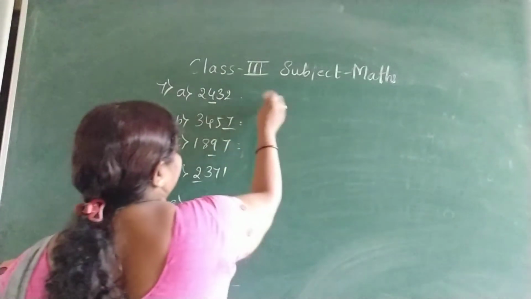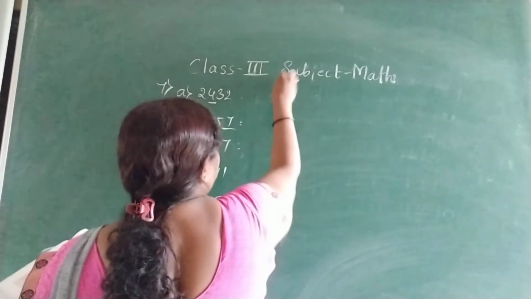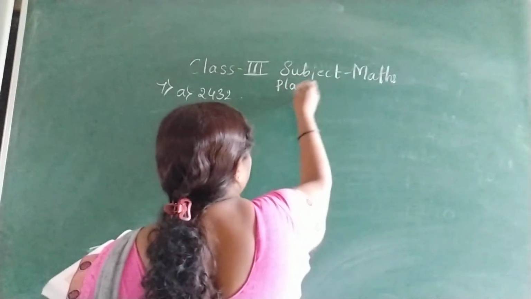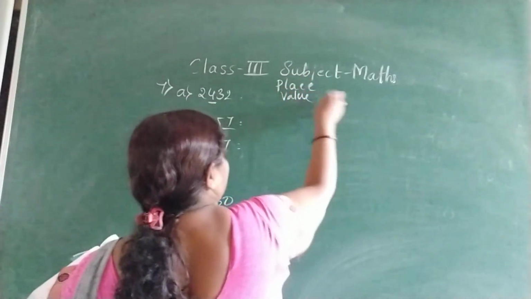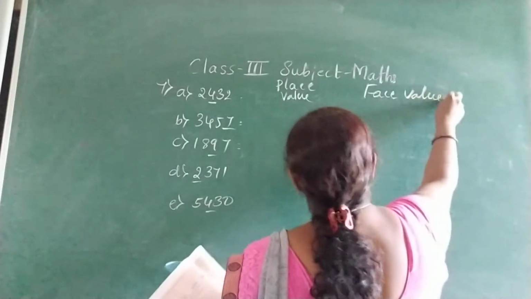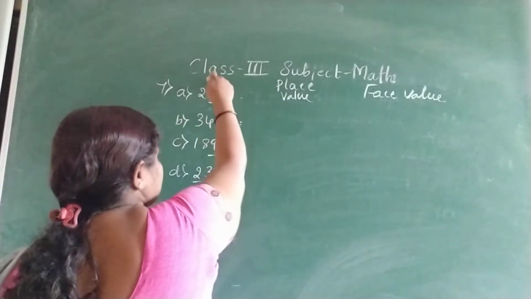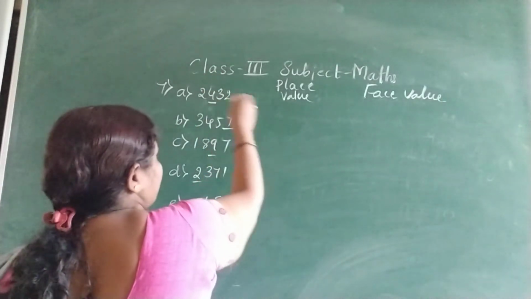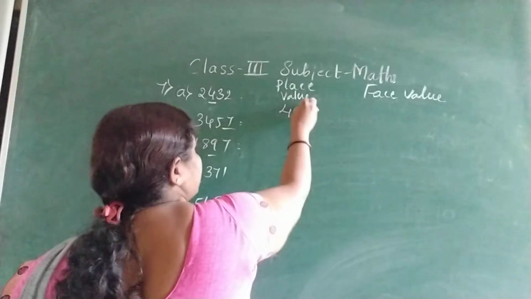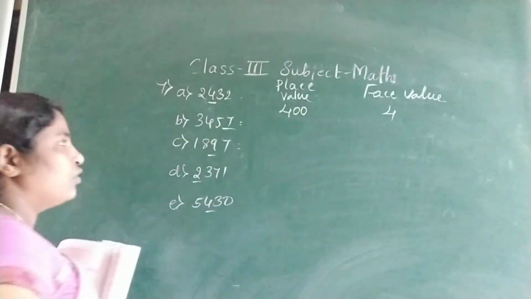Just write in front of this, place value and face value. See, underlined number is 4. So which place is it? Hundreds. 100 into 4, 400 is the place value and face value is 4.